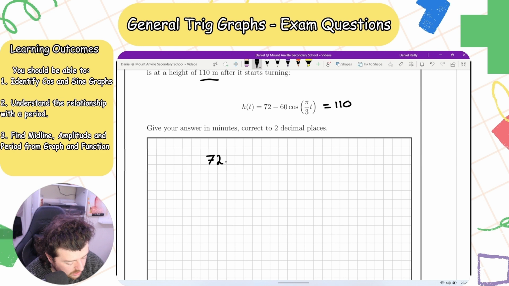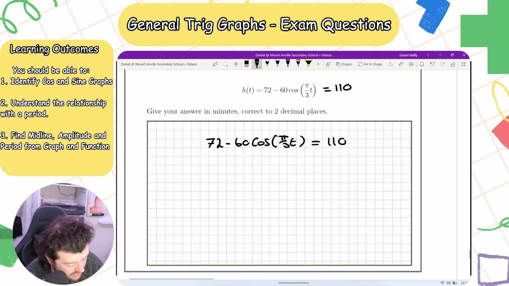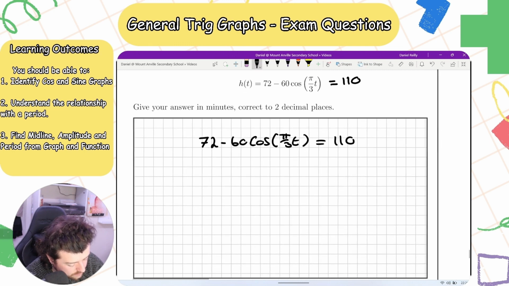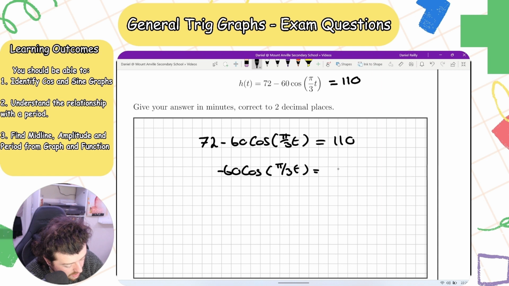So 72 minus 60 cosine pi over 3t is equal to 110. Minus 60 cosine pi over 3t equals 110 minus 72. 110 minus 72 is going to be 38.